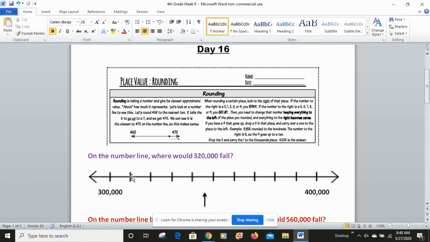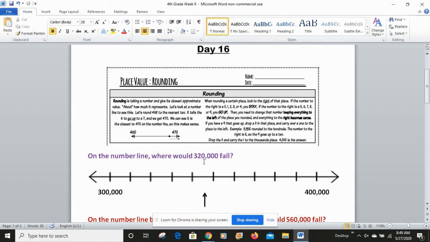And so each one of these little hash marks in between counts as 10,000. So this would be 300,000, this would be 310,000, 320, 330, 340, 350, 360, 370, 380, 390, and 400,000.